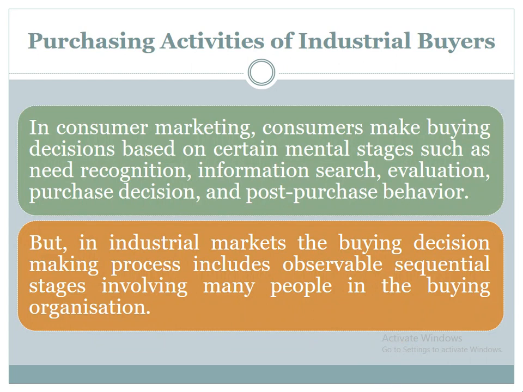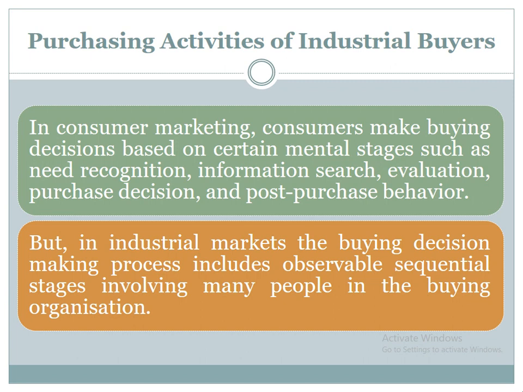So, in consumer marketing, we have seen that consumers make buying decisions based on certain mental stages, such as need recognition, then information search, then evaluation of various alternatives, purchase decision, and post purchase decision.